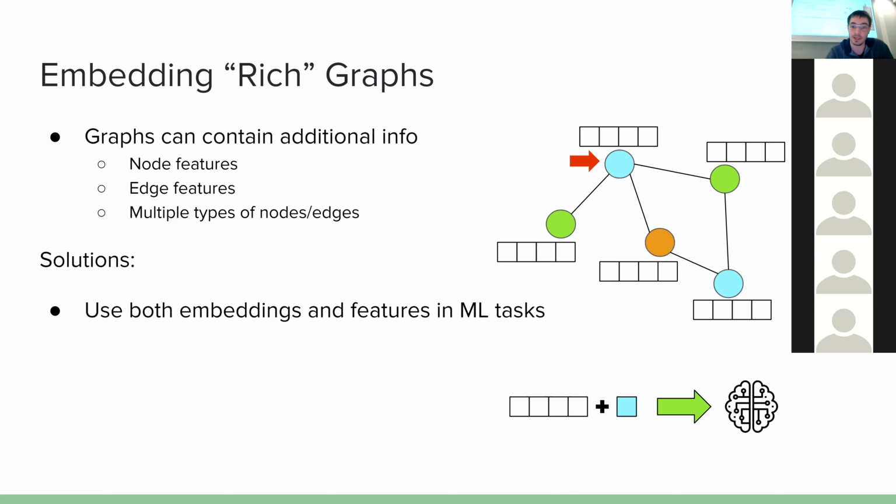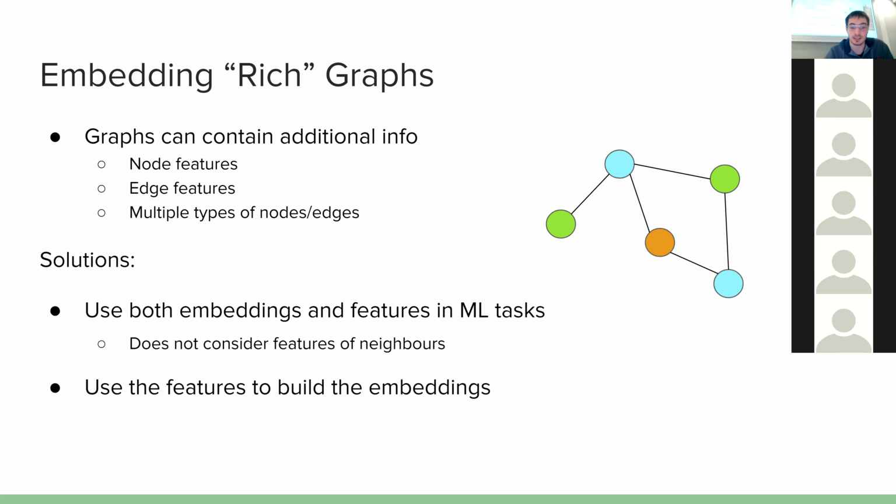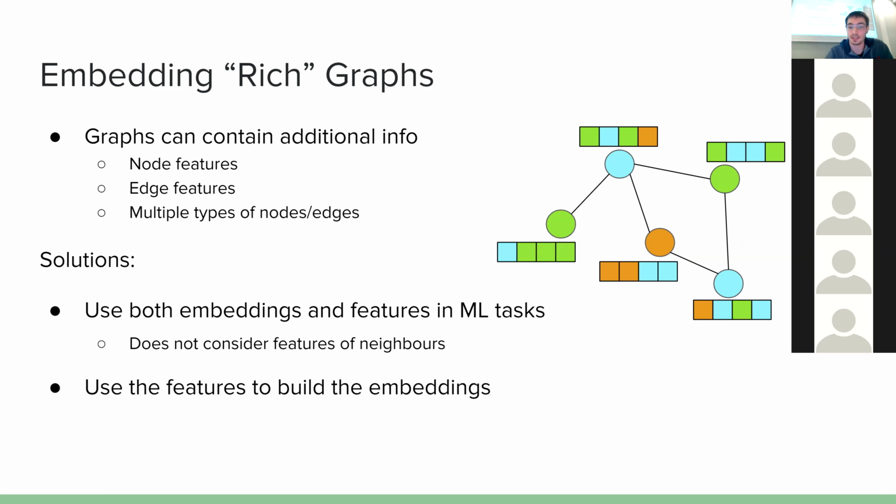An alternative can be to compute our embeddings by also taking into consideration the features when we are computing them. So we can have some techniques that instead produce embeddings that look like this. Embeddings that not only tell us what structure the neighborhood has, but also what kind of features are present in the neighborhood.